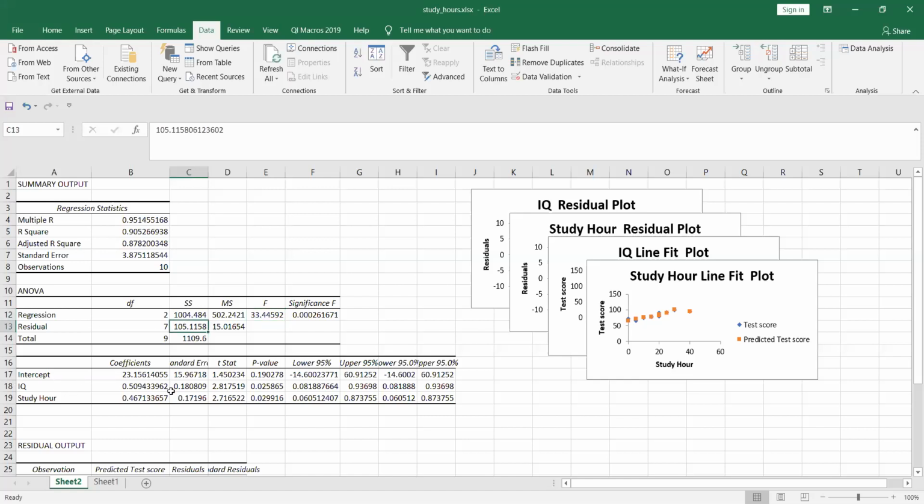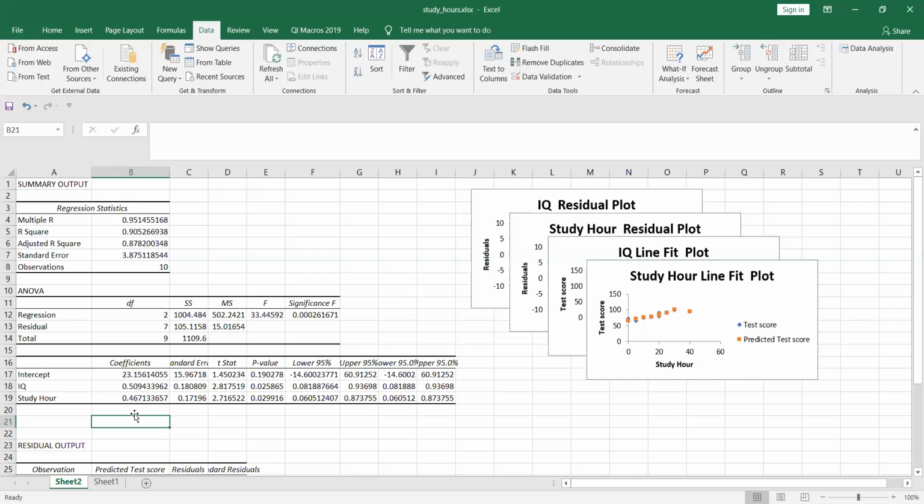Now here we have used the two independent variables, IQ and study hours. What we got for this is the coefficient for IQ, which is 0.5094, and for study hours 0.4671, and this is the intercept. So our equation is y equals 23.156 plus 0.50943 times IQ plus 0.467 times study hours.